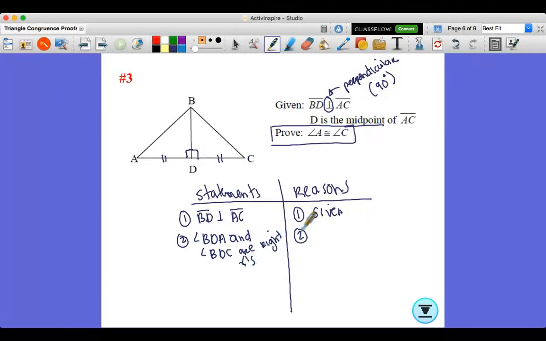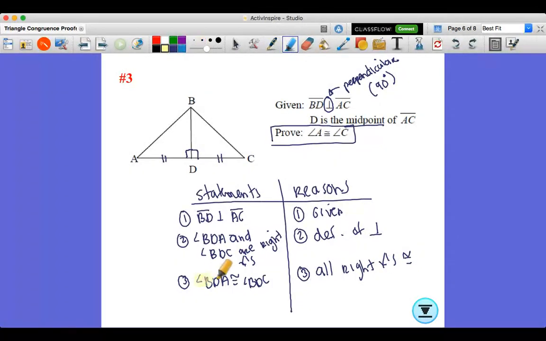I marked that off because that's the definition of perpendicular. I'm going to write the symbol. Okay, so if they're both right angles, they've got to be congruent. So let's say that next. BDA is congruent to BDC. The reason for that one is literally what we just said. All right angles are congruent. I shall highlight it. There's one statement. Okay.